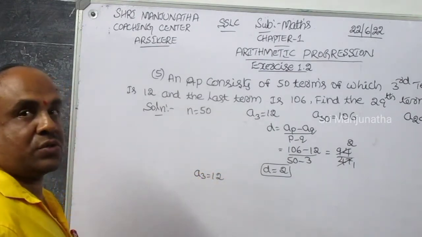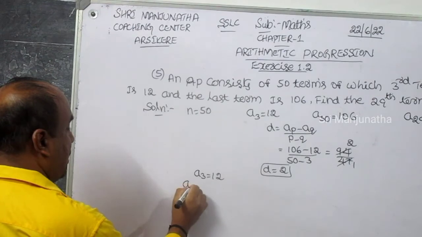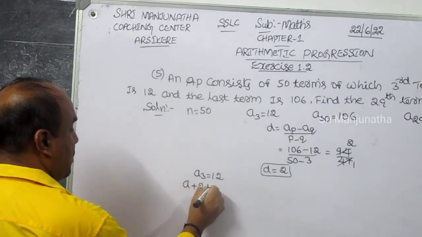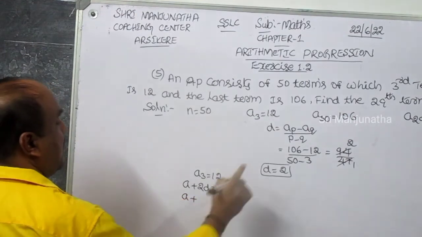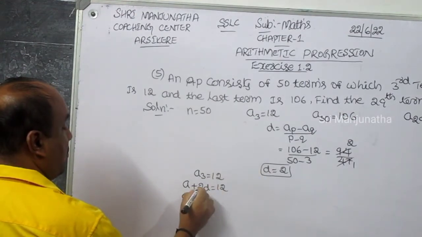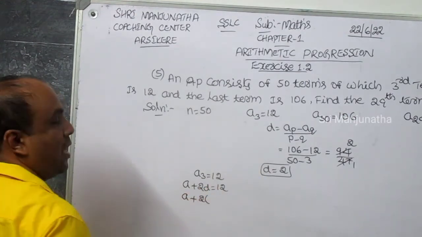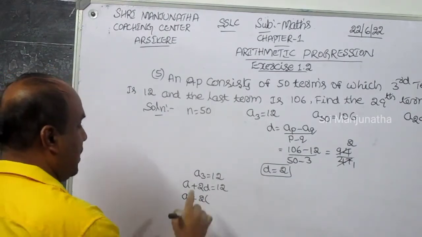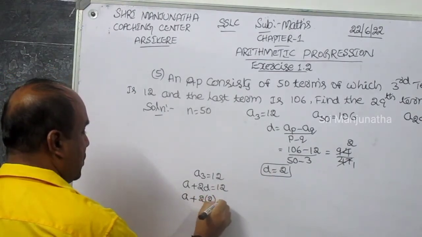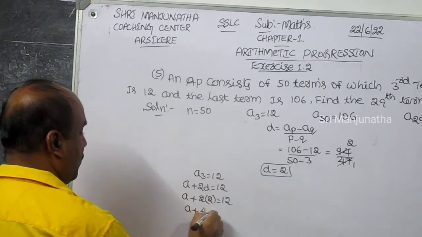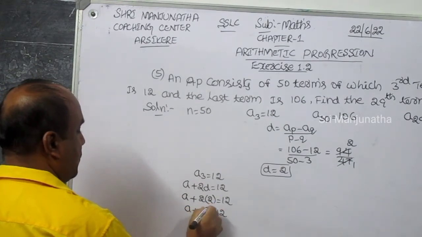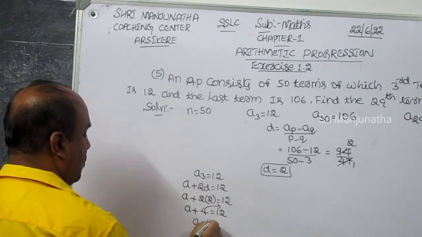A3 is written in the form A plus 2D equals 12. Substituting D equals 2, A plus 2 twos are 4 equals 12. A equals 12 minus 4, which is 8.